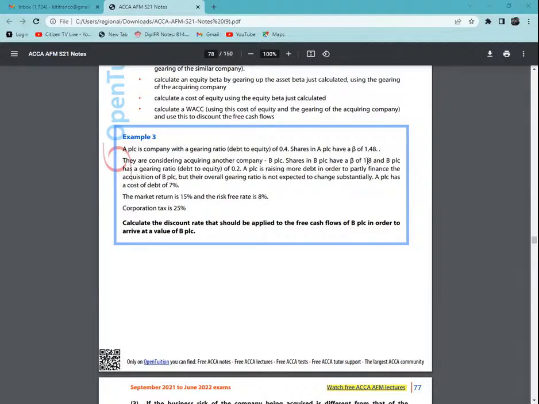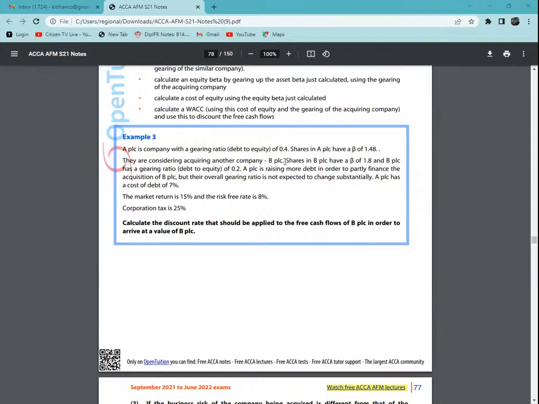Then I need to ask myself, is this new business levered or unlevered? You look at the capital structure given. I can see debt and equity in it, so it's a levered firm.